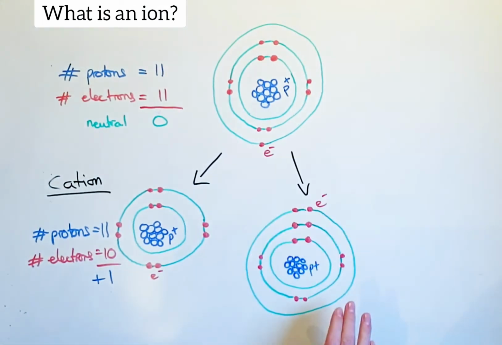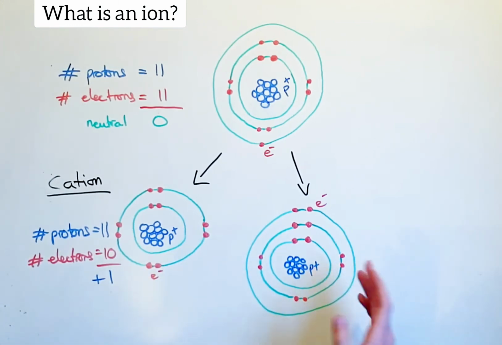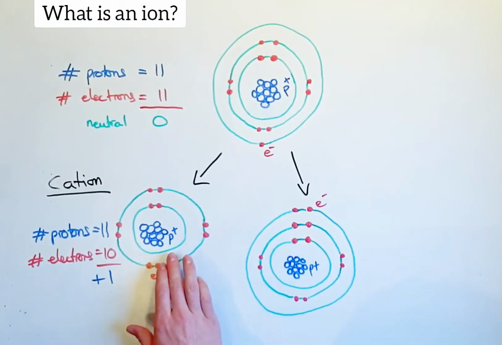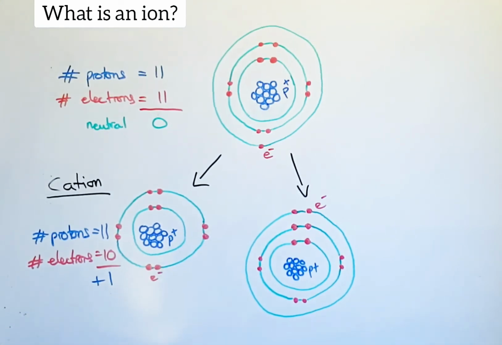So the difference between this ion and this cation over here is that it has more electrons than it does protons. Over here in the cation case, it has more protons than electrons, therefore leaving a net charge of positive 1. So it's a positively charged ion. In this situation, we have the opposite. We have more negative charge than we do positive charge.